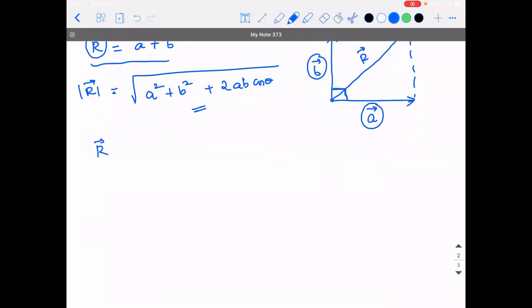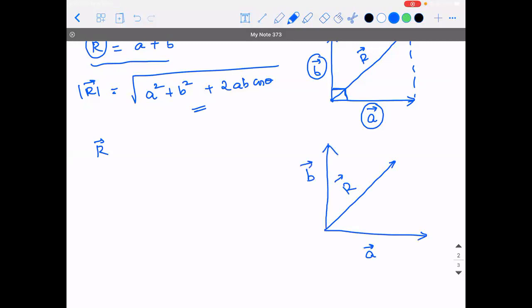Previously, in the parallelogram law of vectors, A vector and B vector were given to you already, so you wrote R vector as the diagonal. R vector is equal to A vector plus B vector. But now I'm giving you only R vector, and I want you to write it in terms of A vector and B vector.